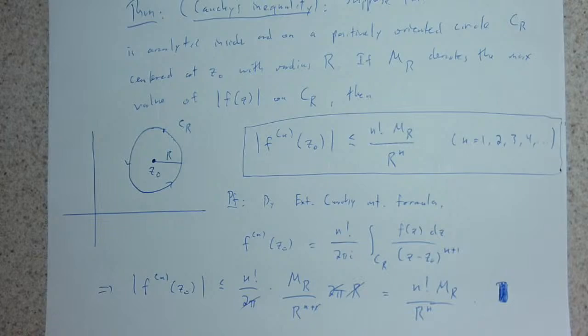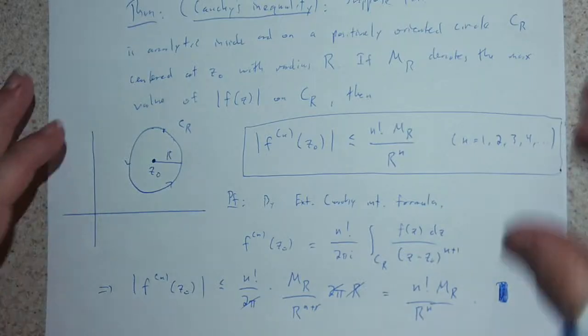We're actually going to use Cauchy's inequality later to show some more of these named theorems that we're going to go after. So the first one, we're going to immediately apply Cauchy's inequality. The first one is also something I've mentioned before, namely this is Liouville's theorem.